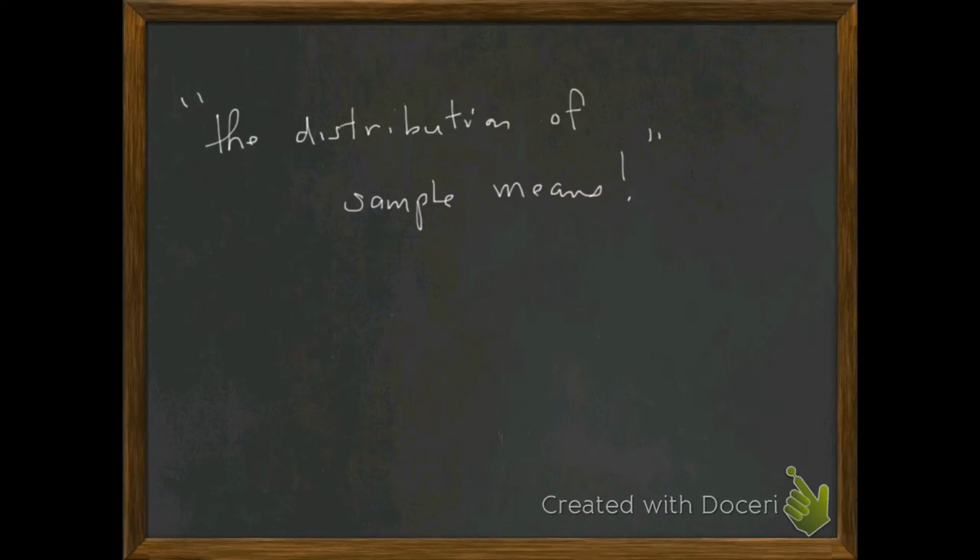And it would seem reasonable after I get this distribution of sample means to ask some intelligent questions. What's its shape? Where will the distribution be centered? And the most important question probably, how do I define the variability? How do I define the spread within the distribution?